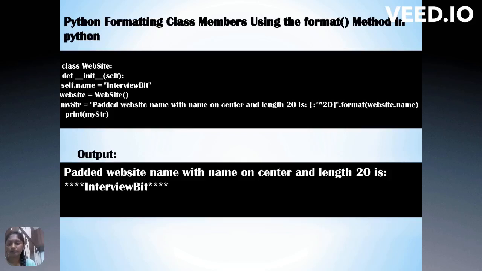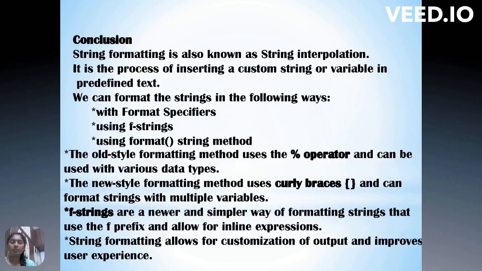Next, we come to the conclusion. String formatting is also known as string interpolation. It is the process of inserting a custom string or variables into predefined text. We can format strings in the following ways: with the format specifier, using f-strings, and using the format string method. The old style formatting method uses the percentage operator and can be used with various data types.